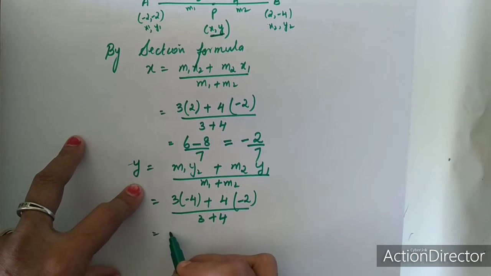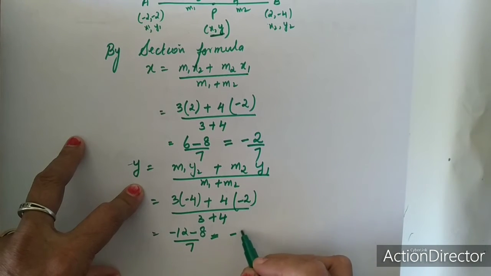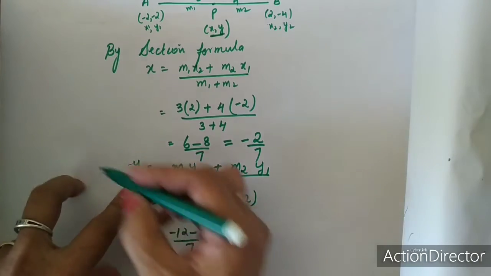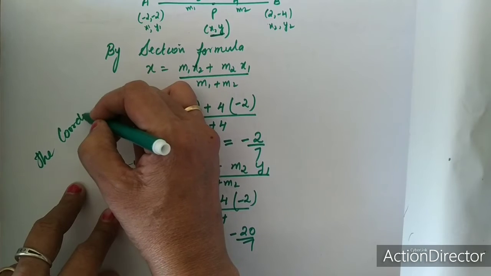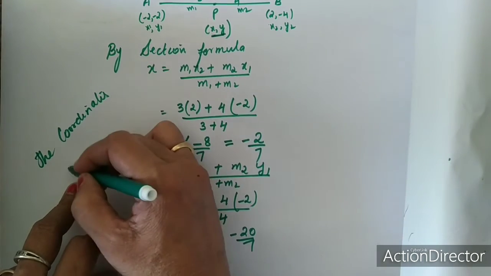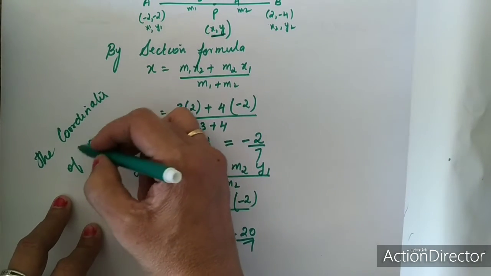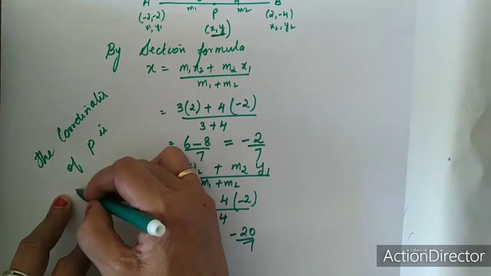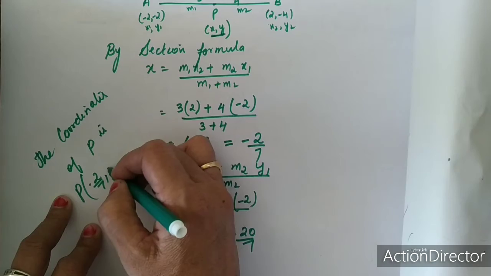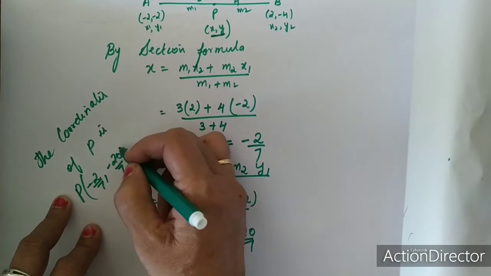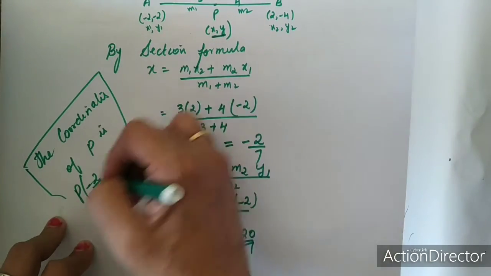So this is equal to minus 12 minus 8 by 7, which is equal to minus 20 upon 7. Therefore the coordinates of P is (minus 2 upon 7, minus 20 upon 7). This is your answer.